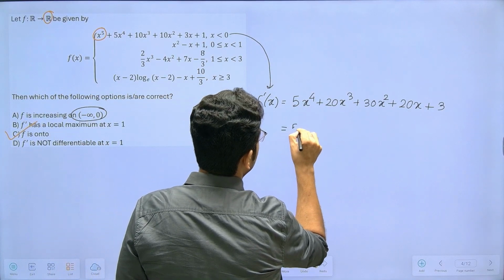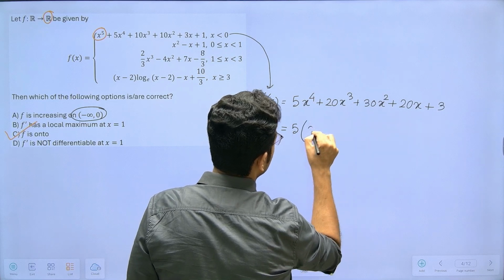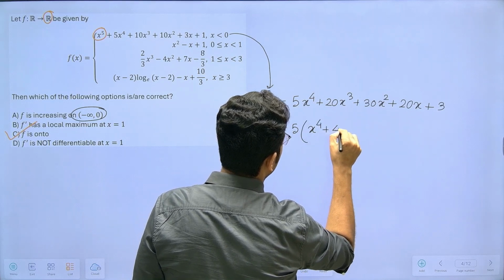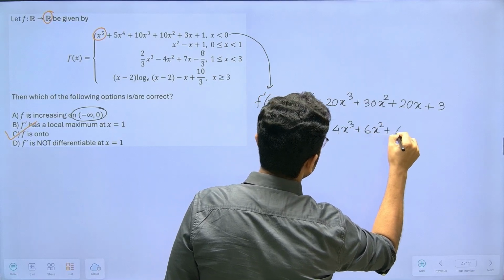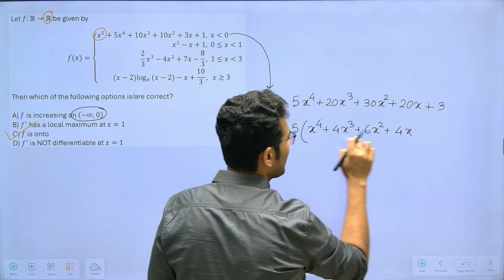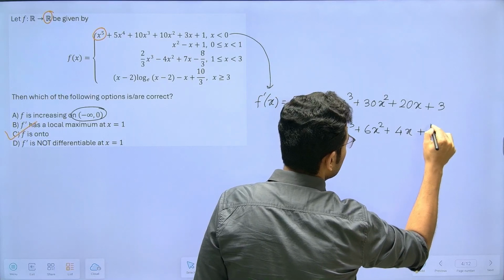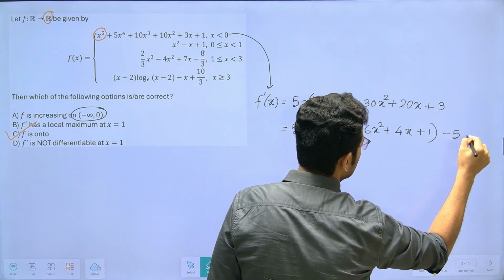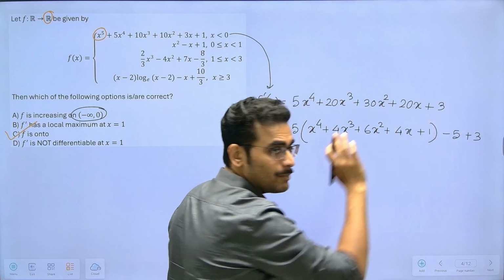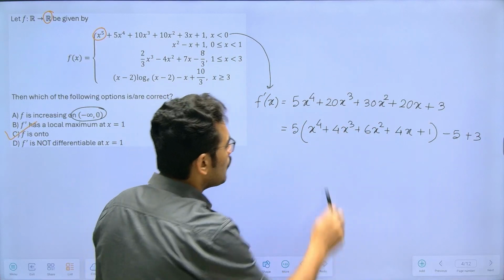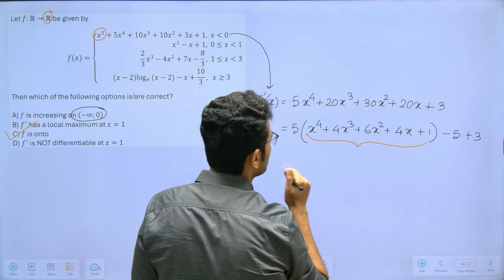So if I take 5 common from the first 4 terms, it will be x to the power 4 plus 4x cube plus 6x square plus 4x. So you can see this is a binomial expansion. So adding 1 and subtracting 1: I have added 1 here, 5 into 1, balanced here with minus 5, right? Now you see that this is an interesting binomial expansion.